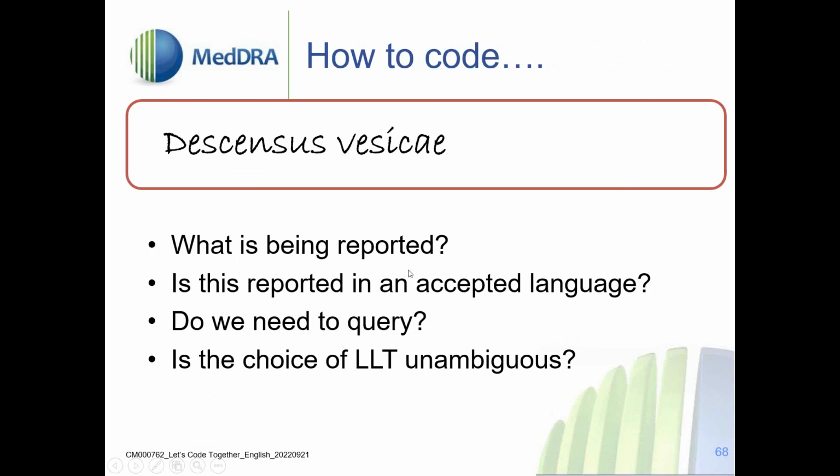Then let's go to the next one. Next, a Descensus vesicae is reported. So do we understand what is being reported here? Is this reported in an accepted language? Is it unambiguous? Or do we need to query? Descensus vesicae.